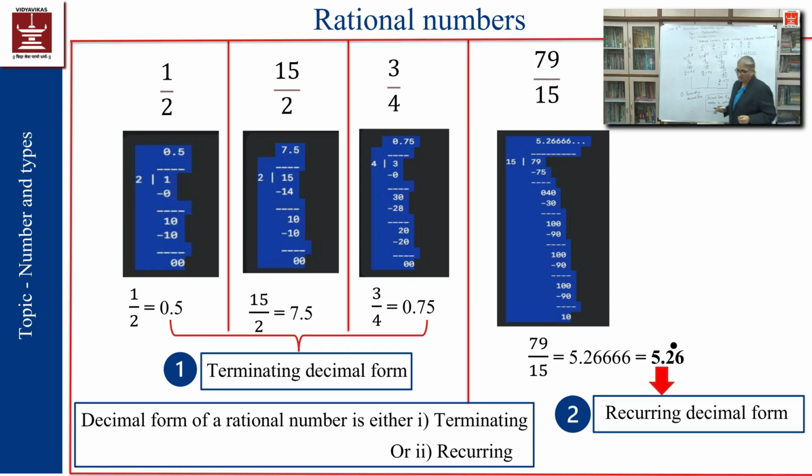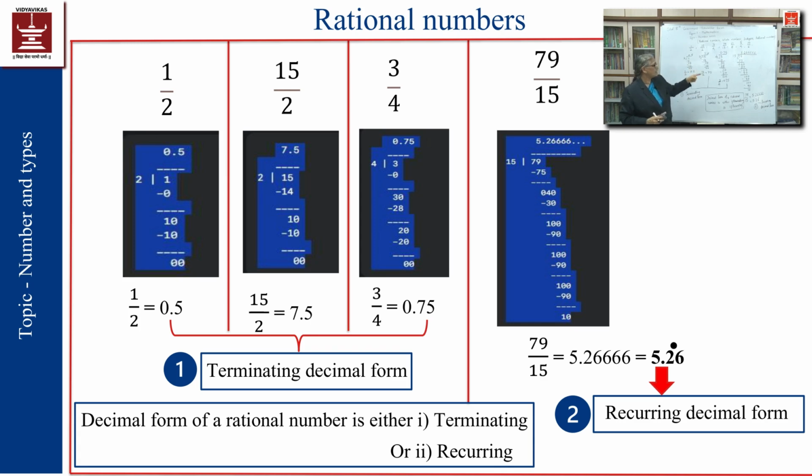Make sure you have understood the terminologies. Division comes to an end, remainder is 0, that means terminating. Recurring means reappearing, occurring over and over again. So two new words we have learned: the decimal form of a rational number is either terminating or recurring.